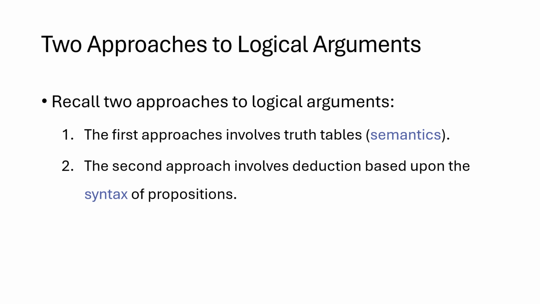Now, as we will see in this video and the next, this second approach, which avoids truth tables altogether and only relies on the syntax of the proposition, whether it's a conjunction or a disjunction or an implication and so on, is able to provide shorter proofs that an argument is true. But it comes at a cost, and the cost here is that it's not going to be as straightforward, and it requires a little bit of creativity in some cases.